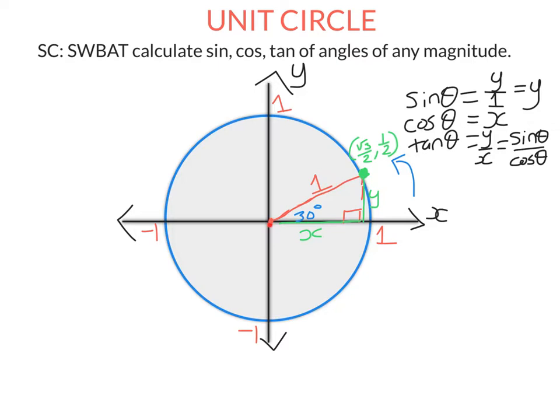That will be the point of intersection of this line and the circle. So we can see from this that the sine of 30 degrees is just the y-coordinate, which is a half. We already knew that. The cos of 30 degrees is the x-coordinate, which is √3/2. Again, we already knew that exact value.